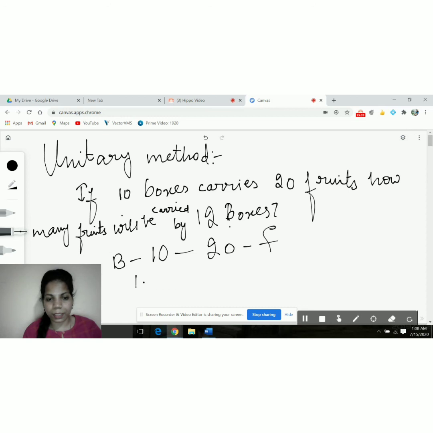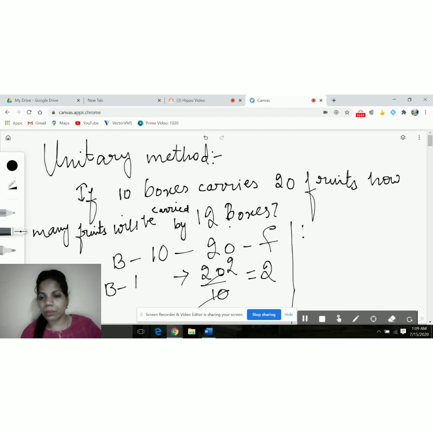So one box carries 20 by 10 fruits. 20 by 10 means 10 twos are 20. Means one box carries two fruits. Okay, one box carries two fruits.